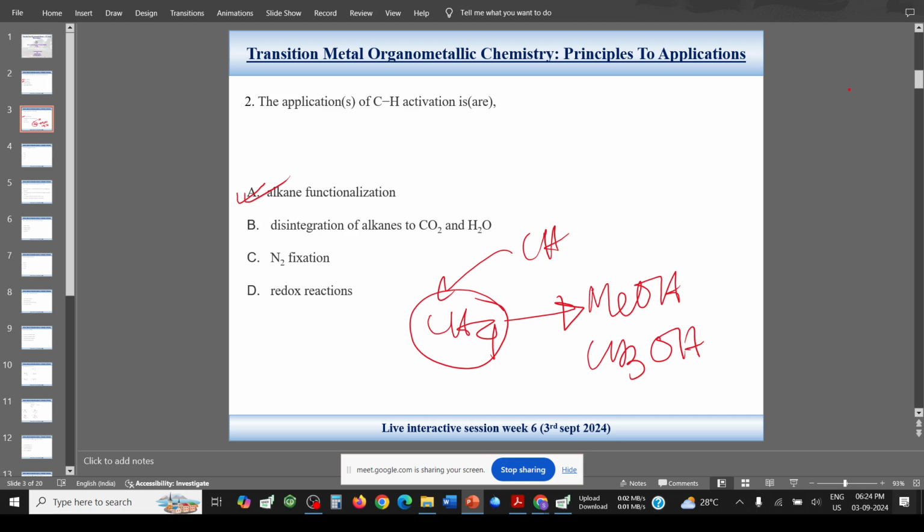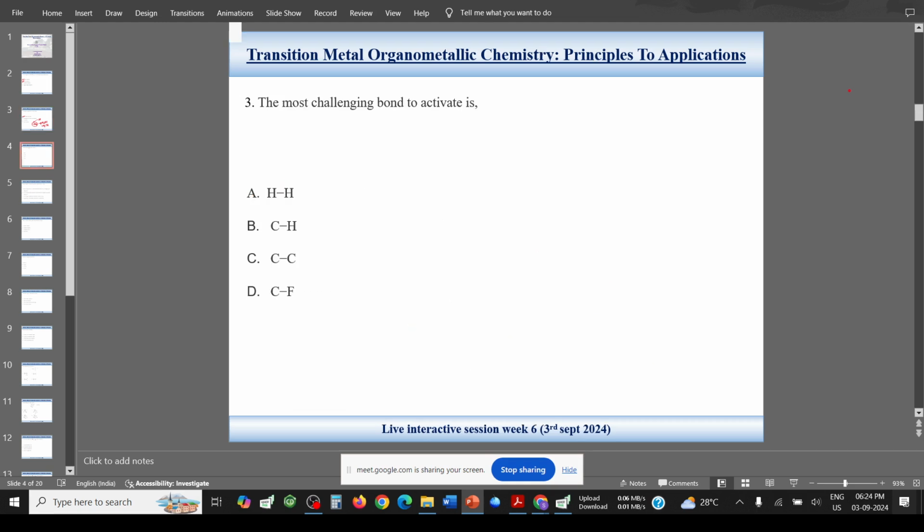Okay, sir. Question number 3: the most challenging bond to activate is HH, CH, CC or CF? CF, sir. Yes. What is the bond energy of CF?